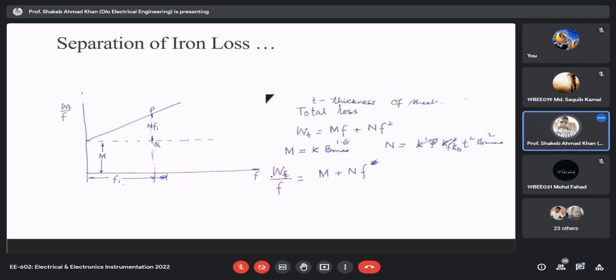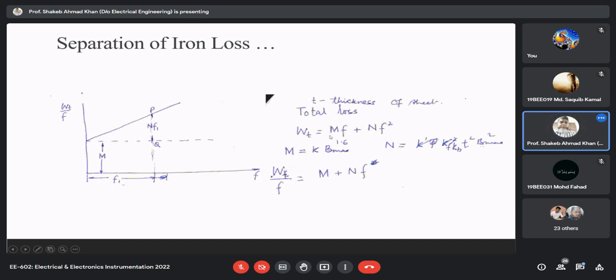This form factor quantitatively tells whether your waveform is sinusoidal or it is having other harmonics, means distorted sinusoidal. So that you should find out. KF is the form factor. Eddy current loss depends upon the form factor, but hysteresis loss does not.